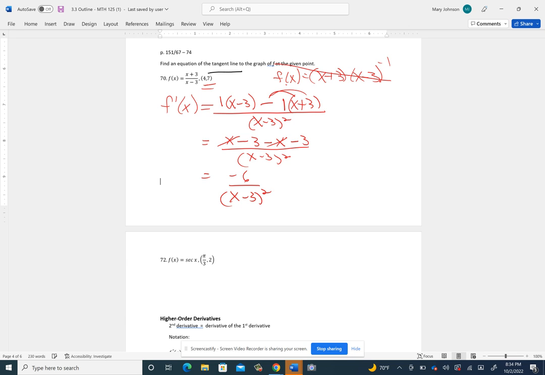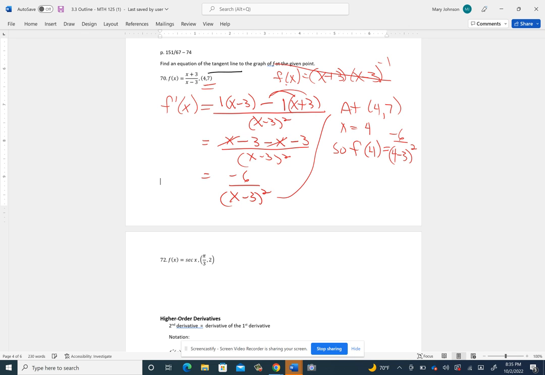Now what I want to do is get the slope of the tangent line to the curve at the point (4, 7). At that ordered pair, x equals 4. So f prime of 4 would equal -6 over (4 minus 3) squared.